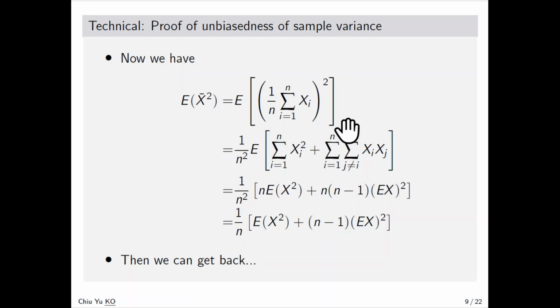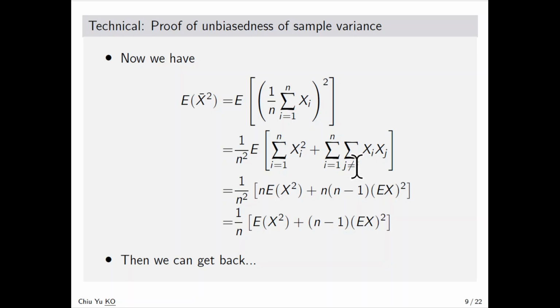So we have n of the x square terms, and n times n minus 1 of the cross terms, because they're not the same. Look at the two-way table: n square minus n is n times n minus 1.